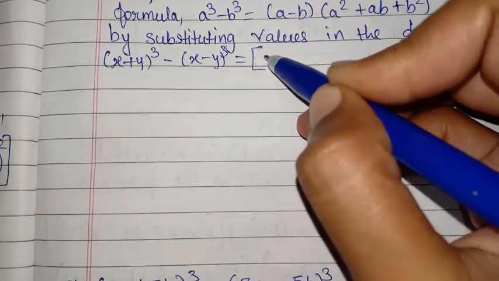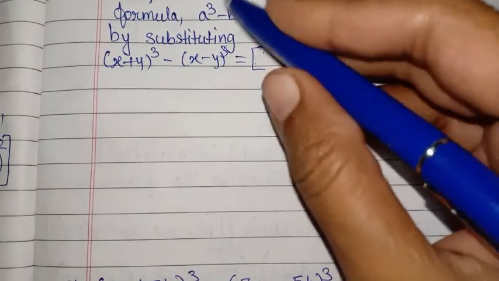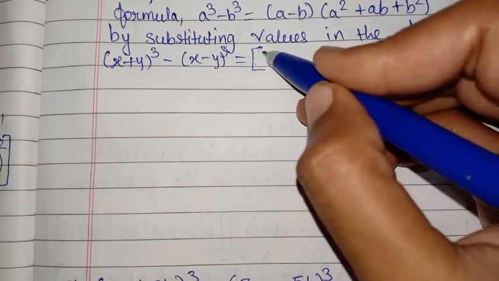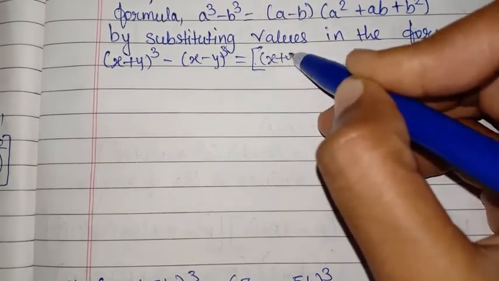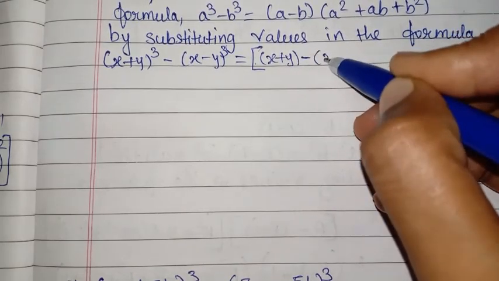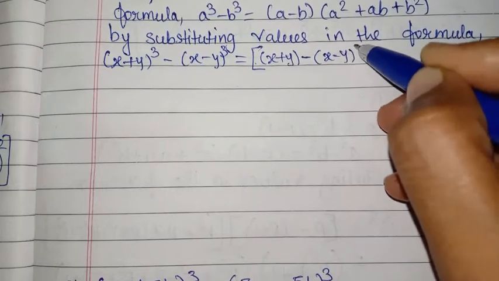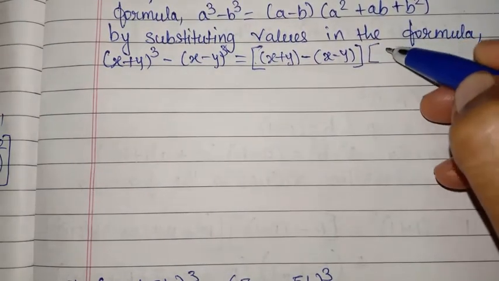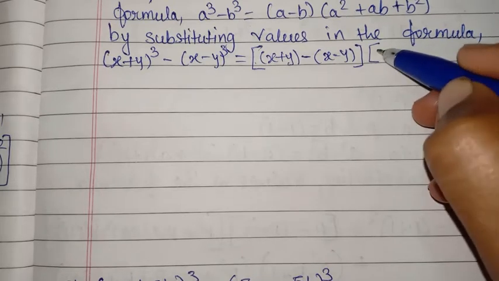Now children, in the second step we will write the formula, and by substituting values in the formula, see, the first step is what? A minus b. So in this a is x plus y. So (x plus y), this is a, minus b is what? (x minus y). Bracket close. Now the second bracket, what do we have to write? A square.